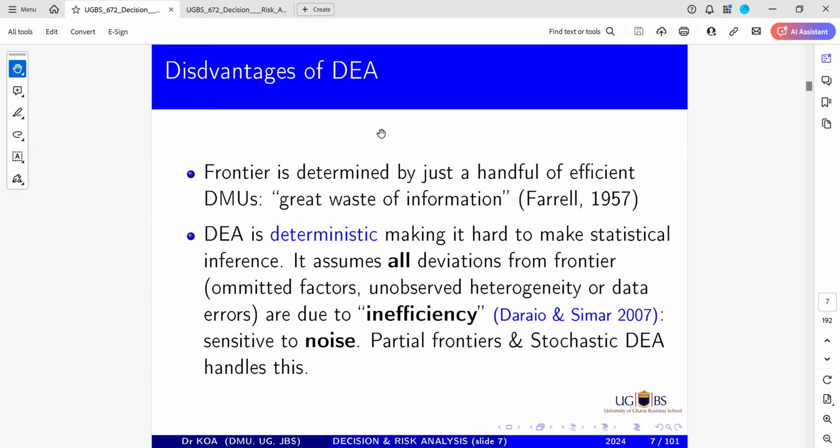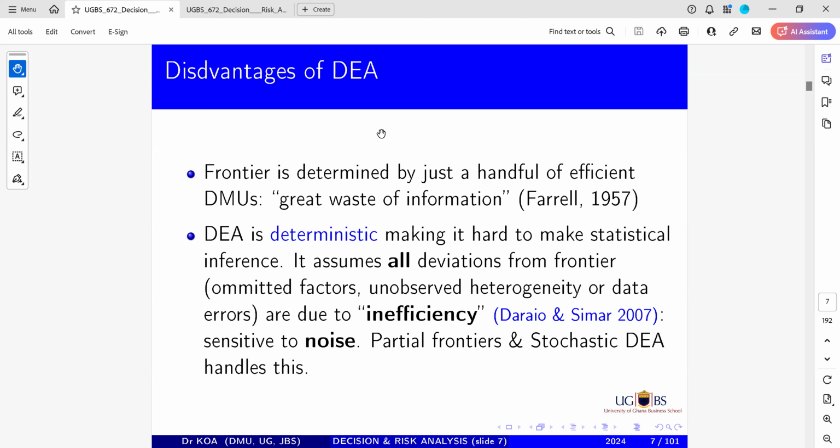But it's deterministic. Why? Because apart from estimating the efficiency, it attributes everything to deviation from the frontier. You remember regression, the stochastic frontier will tell you that part of the deviation is due to inefficiency, whereas part of it is due to the error term. DEA says, no, all of it is due to inefficiency.